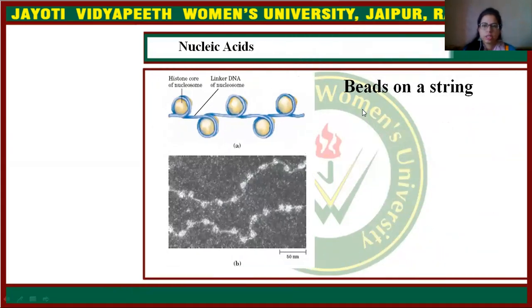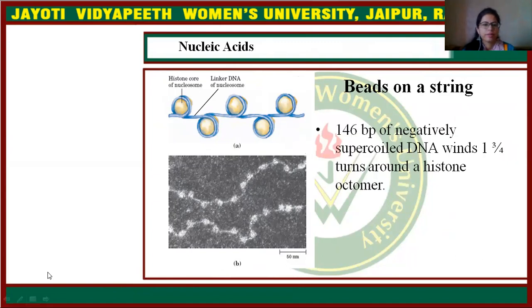Here you can see again how nucleosomes have been created. So these are the beads on a string. This is one nucleosome, this is the second nucleosome. They are bound by the linker DNA of the nucleosome, and this is how electron microscope images have shown it. These are the beads. This is the bead.